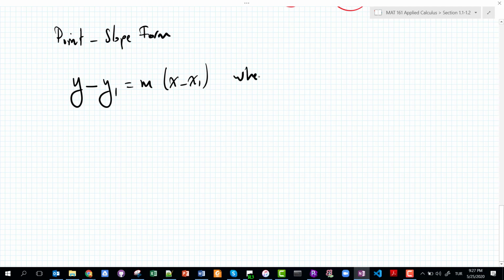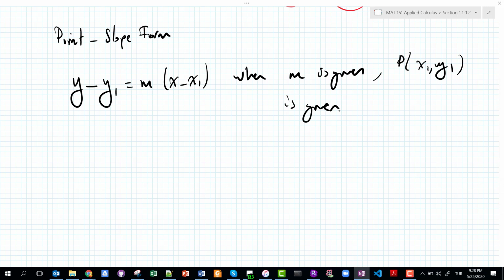What I have is m and also a point, which is x1 and y1. You should be given the m and also a point so that you can use this formula, guys. That's the thing you should know.